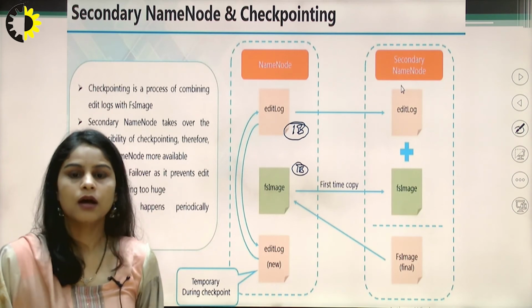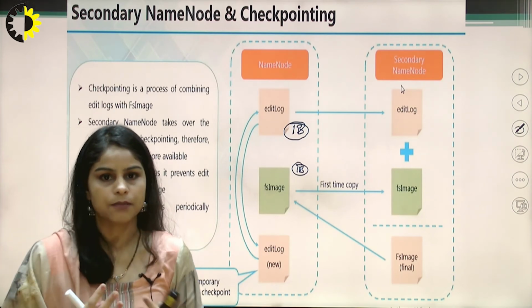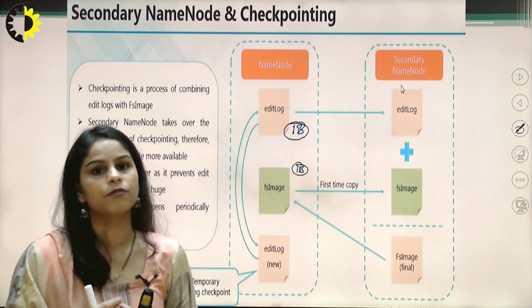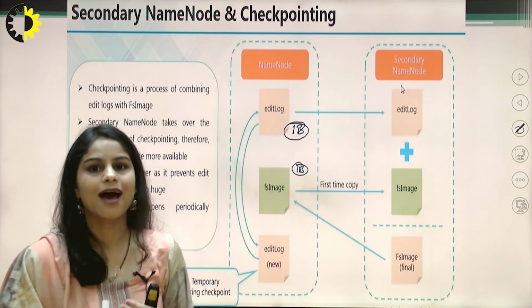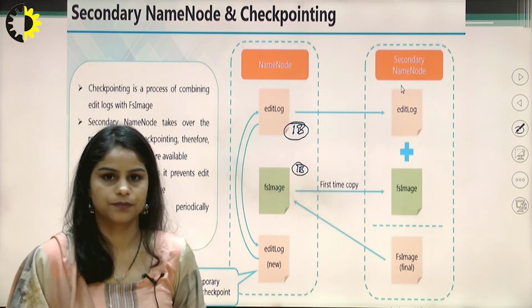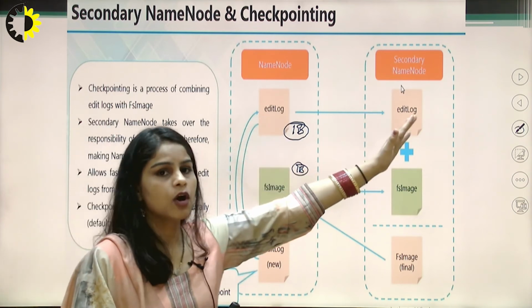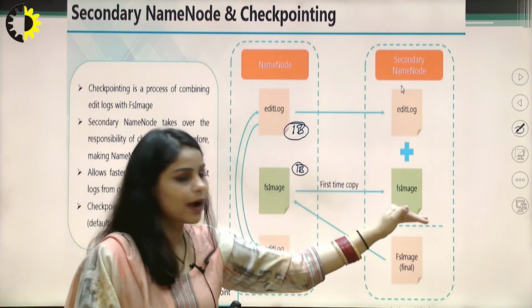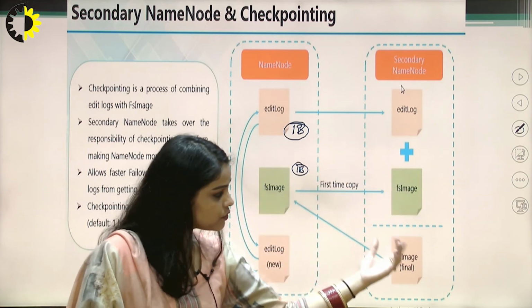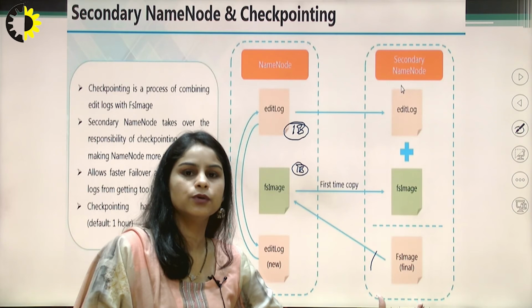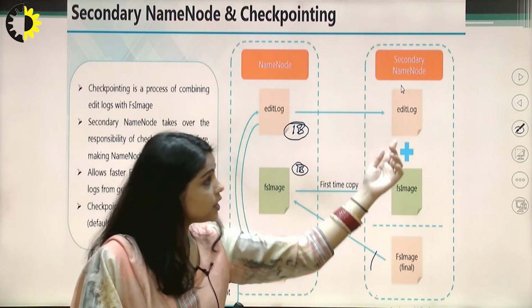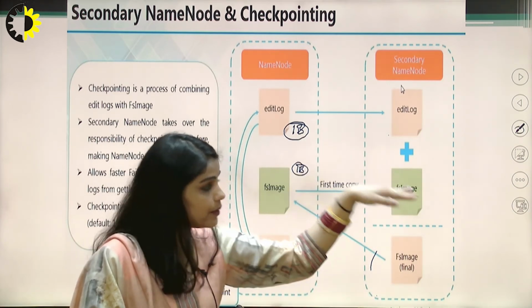To make a fresh copy of fs image which has all the updations. Right? As soon as the edit log is updated, it will be combined with fs image, and will produce a new fs image where all the changes that have been done are updated.